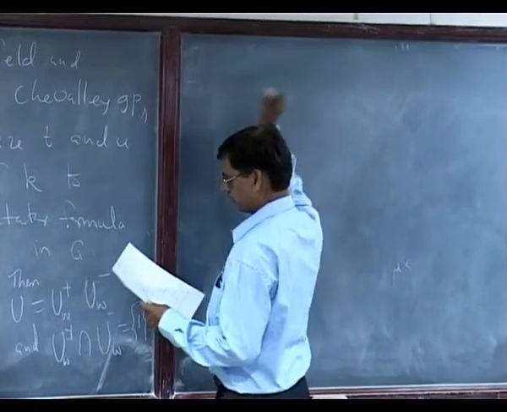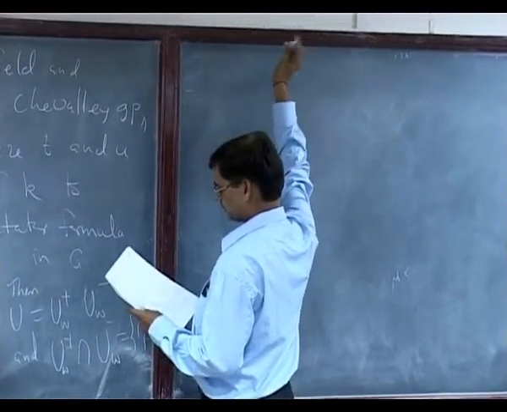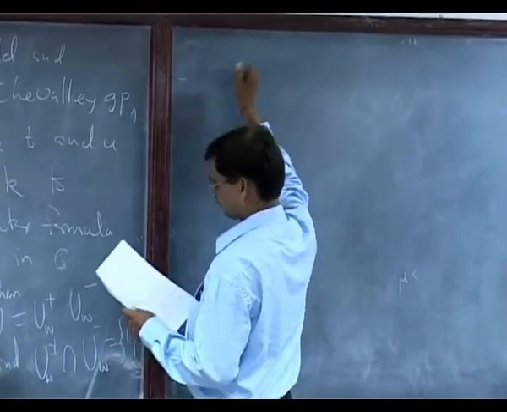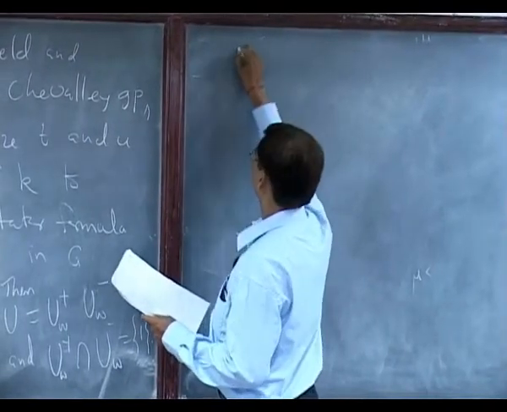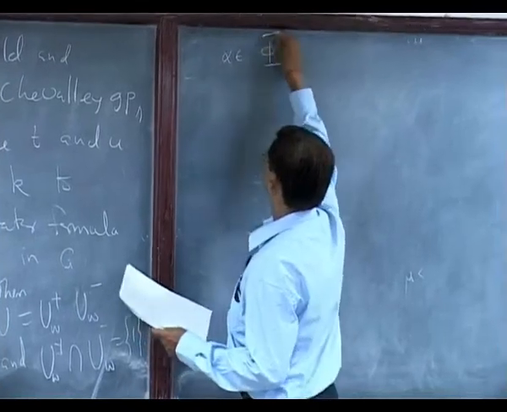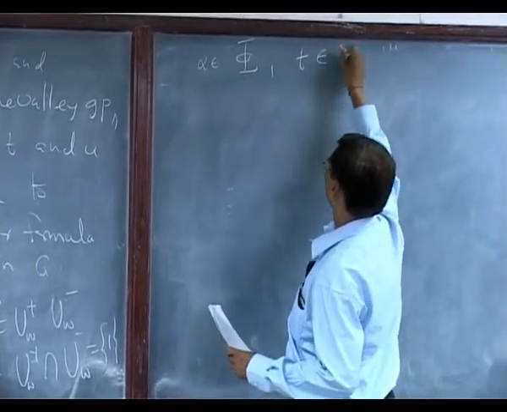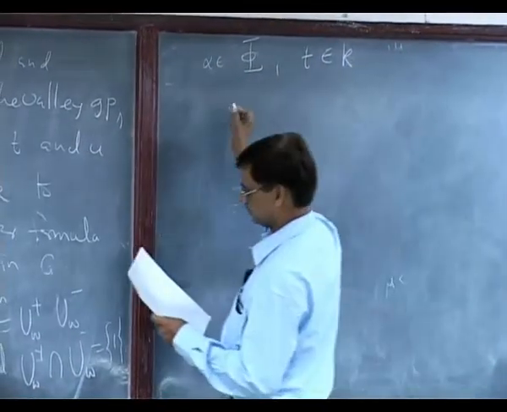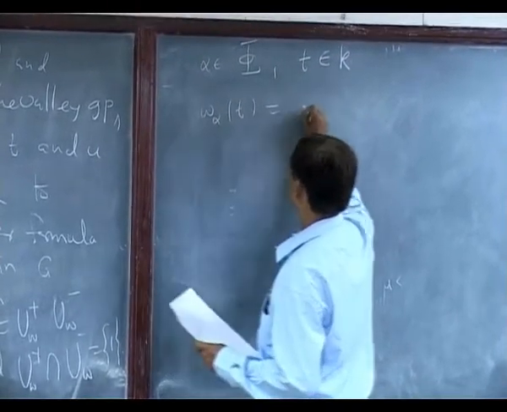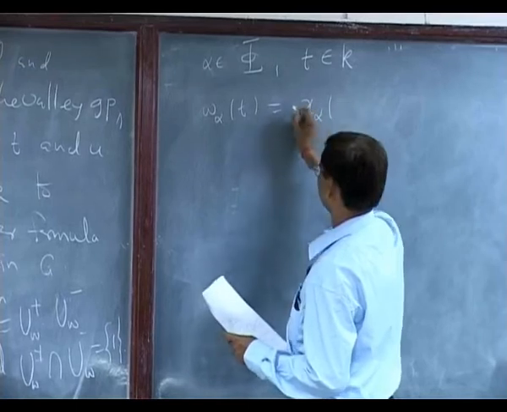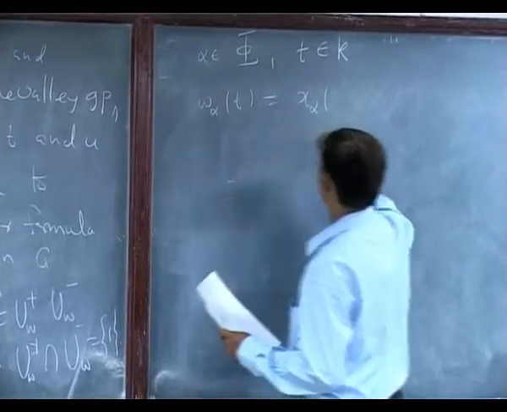So, the definition: G is of course our Chevalley group, and phi is the root system. You define W_alpha(t), where alpha is a root and t is an element of the field K. You define what is called W_alpha(t) to be the element X_alpha(t) X_minus_alpha(minus t inverse) X_alpha(t). So, this is a definition.